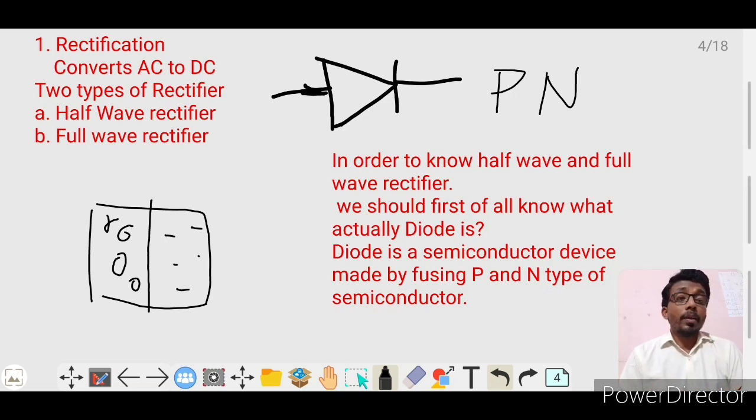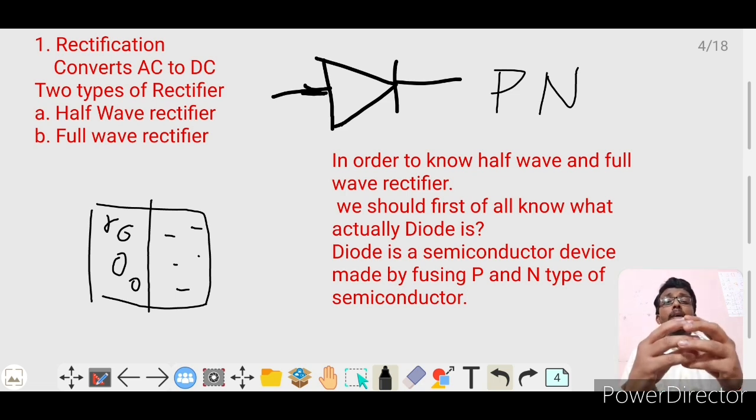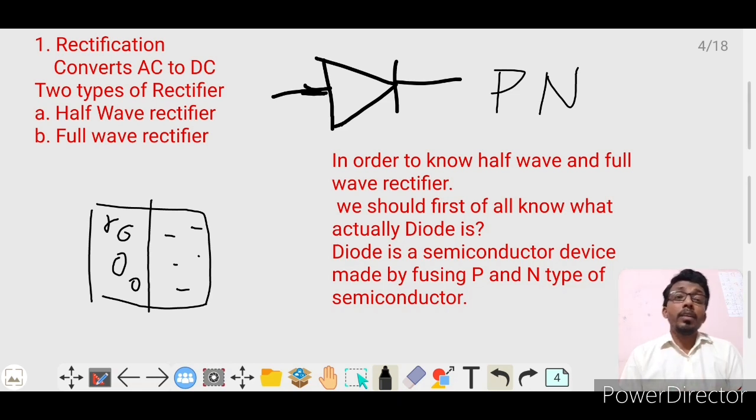Now you may be thinking how this PN junction is formed, whether we take one P, then one N, and paste them together. No, it is not like that. There are many different methods to form PN junction diodes. One method is to heat the semiconductor, and after heating at a particular temperature, dope one part with P type impurity and the other part with N type impurity, and we will get a PN junction diode.